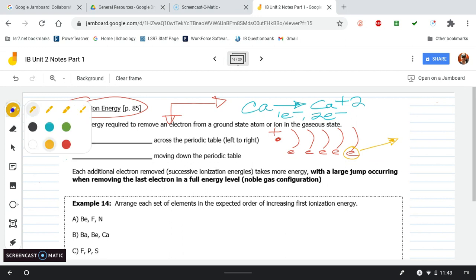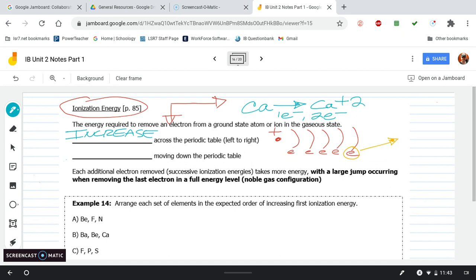Okay, so there's a pattern to this on the periodic table. As you go across the periodic table, it's going to increase. So why is it going to be harder to take electrons as I go across? Why is it going to be more difficult to take an electron away from fluorine than from carbon? Very, very simple reason.